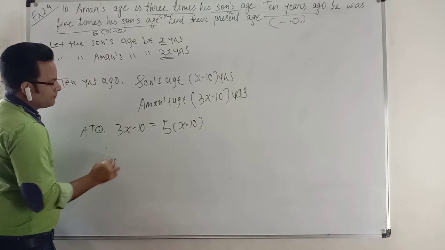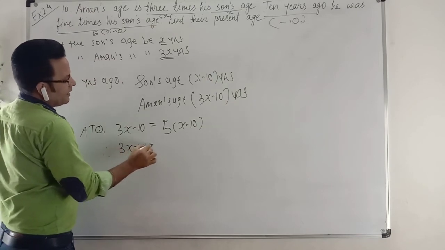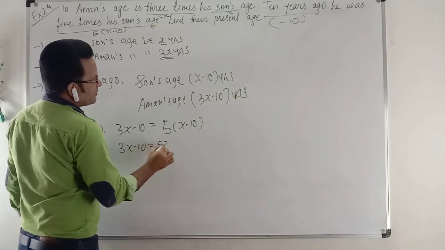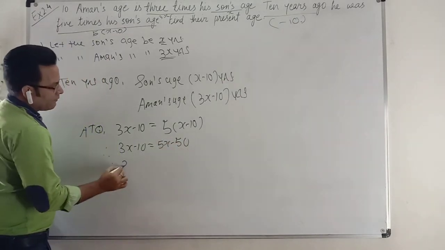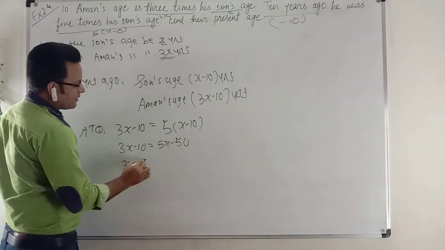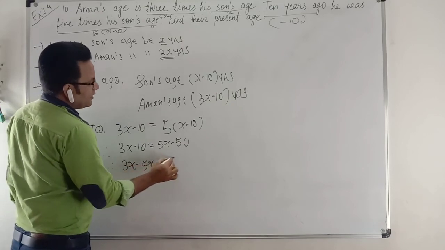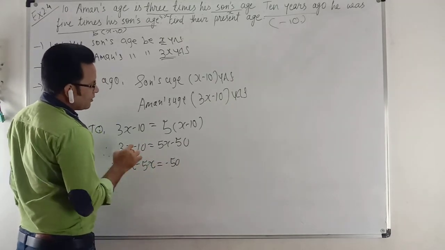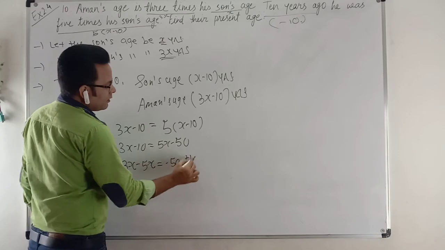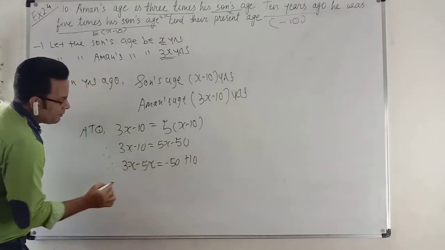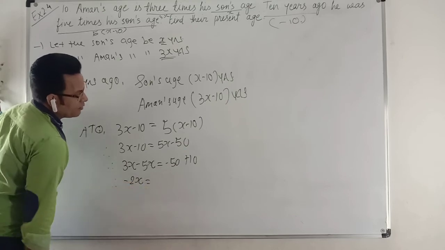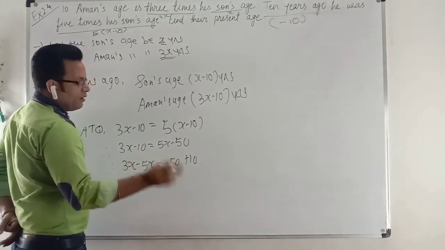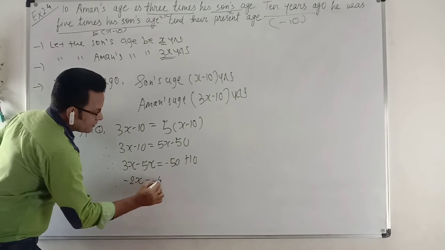Now solve this. 3x minus 10 is equal to 5x minus 50. Therefore change the sign. 3x minus 5x is equal to minus 50, now this negative becomes positive, plus 10. 3 minus 5, that will be minus 2x is equal to minus 50 plus 10, minus 40.